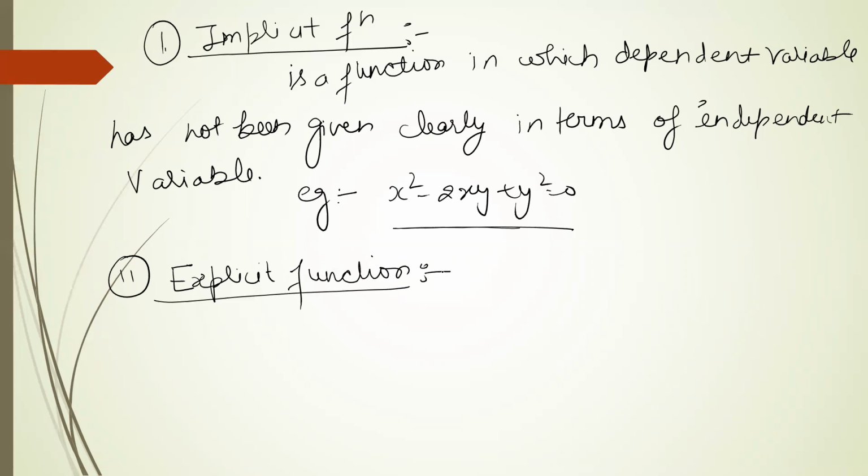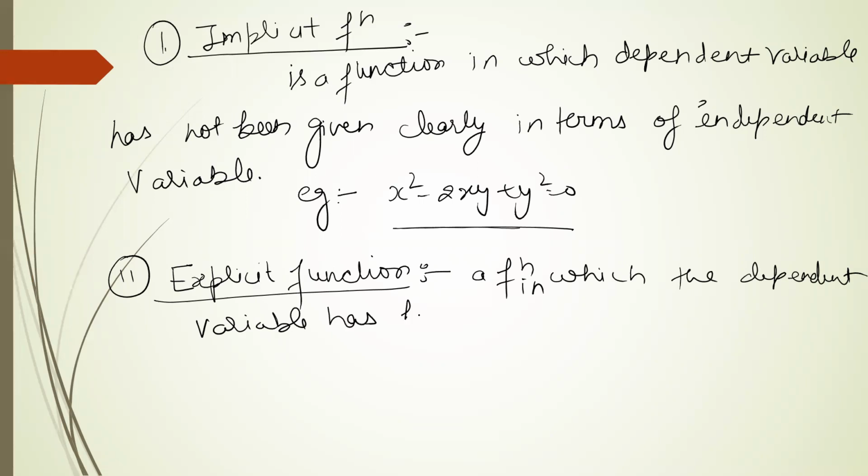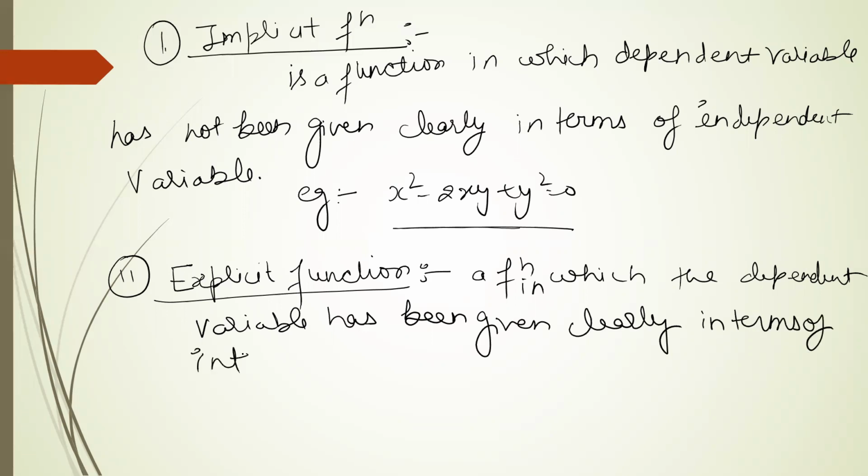Now, what do you mean by explicit function? A function in which the dependent variable has been given clearly in terms of the independent variable.